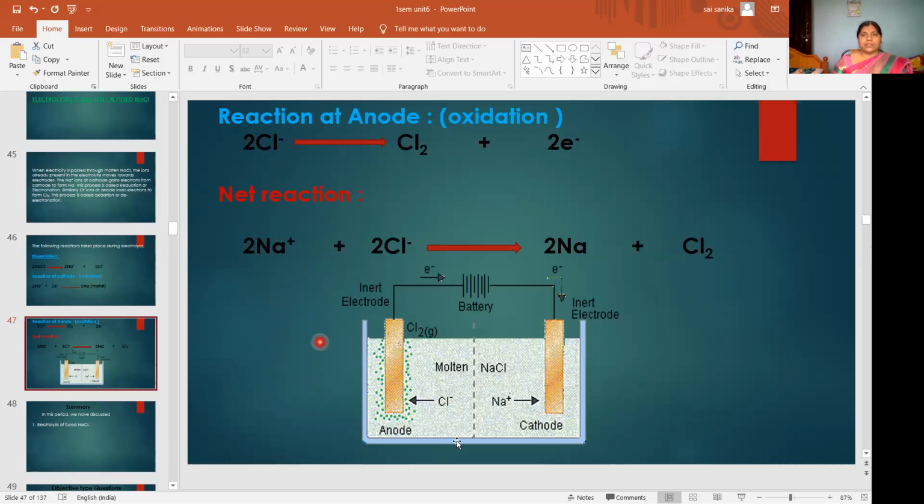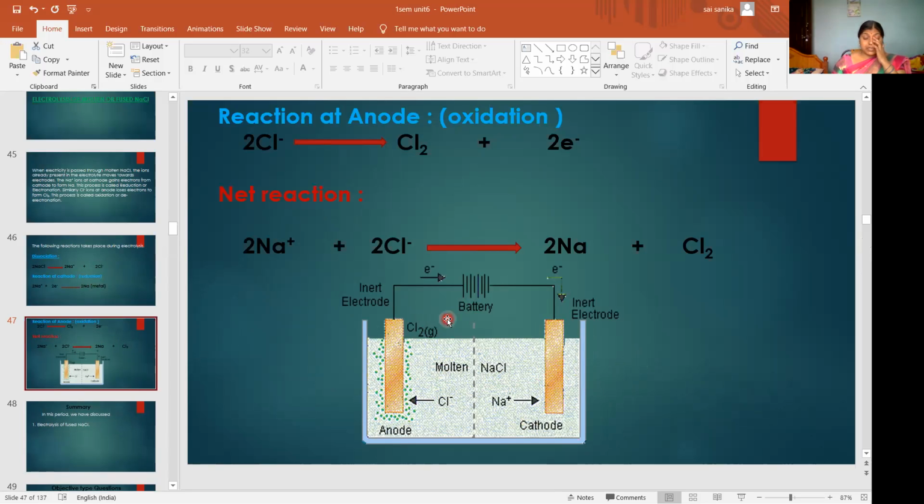Here we are taking molten or fused NaCl in the cell. There are two electrodes connected to the two poles of the battery. The one connected to the positive pole is the anode, and the one connected to the negative pole is the cathode.